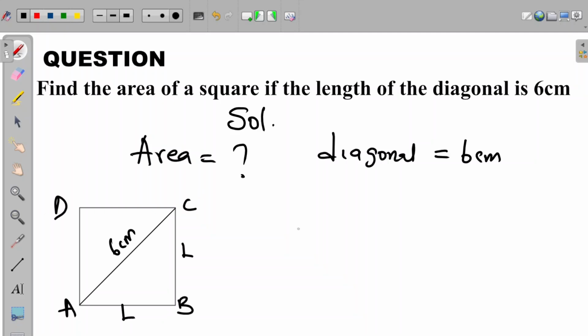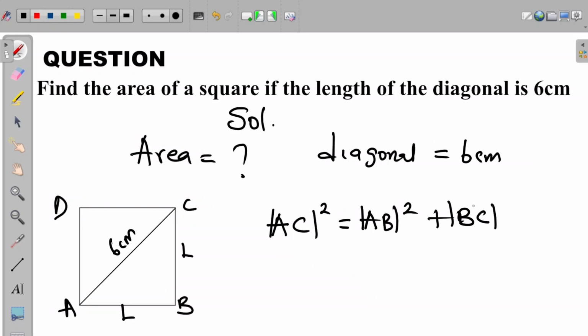So we know that from Pythagoras theorem, AC all squared will be equal to AB all squared plus BC all squared. So here we have 6 squared equal to L squared plus L squared.